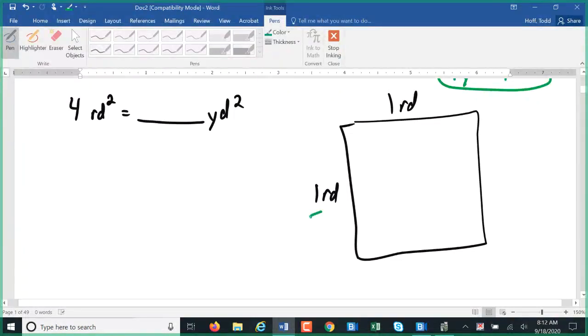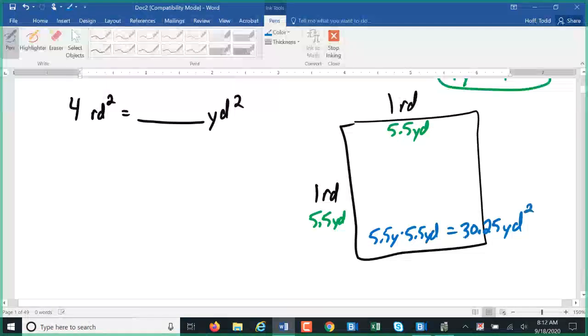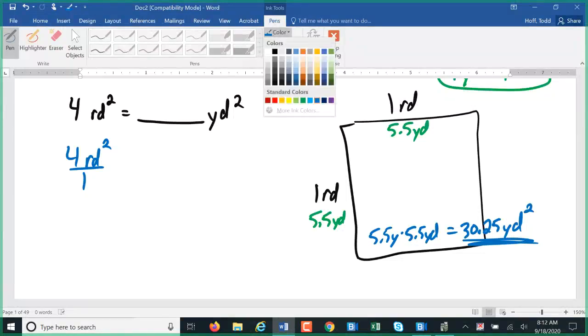So 1 rod is 5.5 yards. So a square rod is 5.5 yards by 5.5 yards. If we multiply that out, 5.5 yards times 5.5 yards, what is that? 30.25 square yards. So 1 rod squared, I should say, is 30.25 square yards.